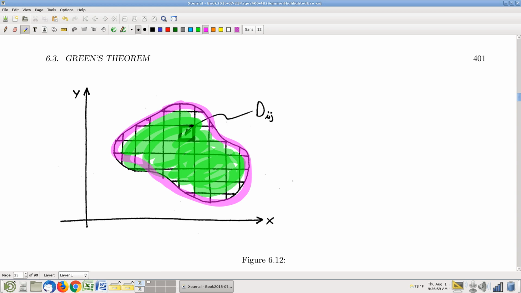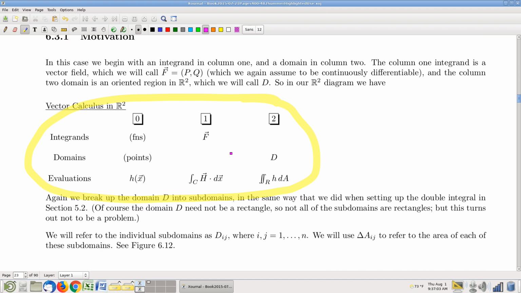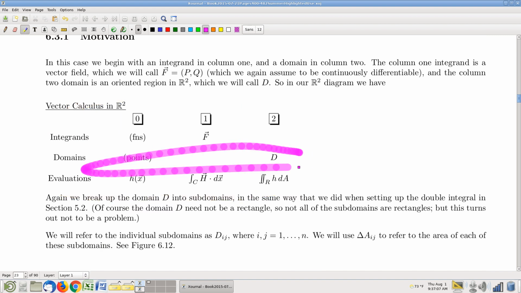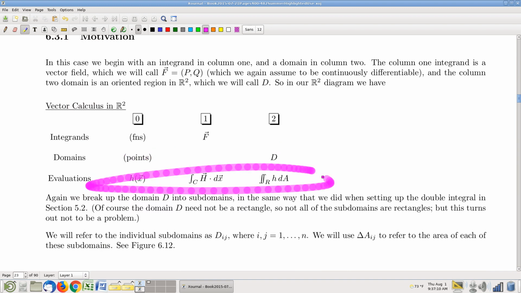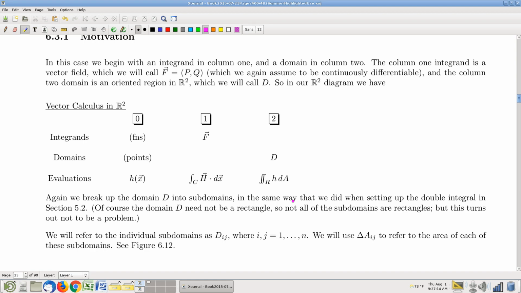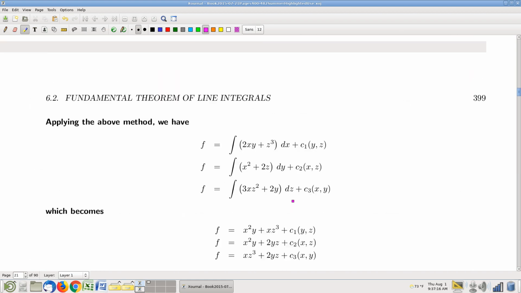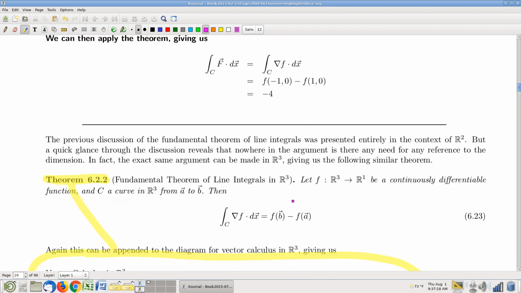How do you see the analogy? Well, the diagram is going to do that for us, right? So here we've got this diagram, where we have all of our ideas organized, our different kinds of domains and the different kinds of evaluations that we do on them. And we argued through doing the fundamental theorem of line integrals. Let me go back to where that diagram is. Yeah, here we go.